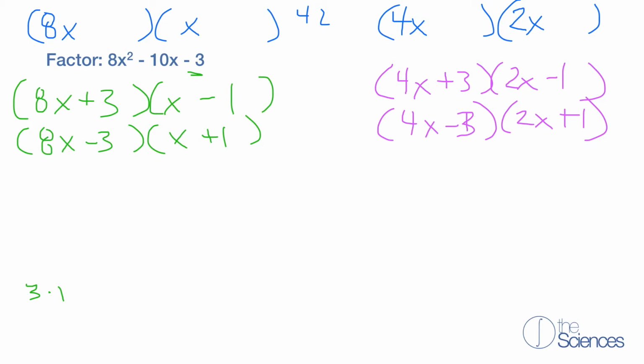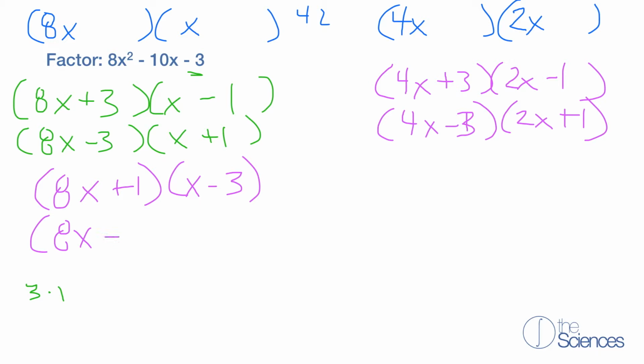So now we're also going to do reverses. So we're going to have 8x plus 1 times x minus 3. And we're going to have 8x minus 1 times x plus 3. So instead of writing the 3 here, we're going to write it here. And instead of writing the 1 here, we're going to write it here.